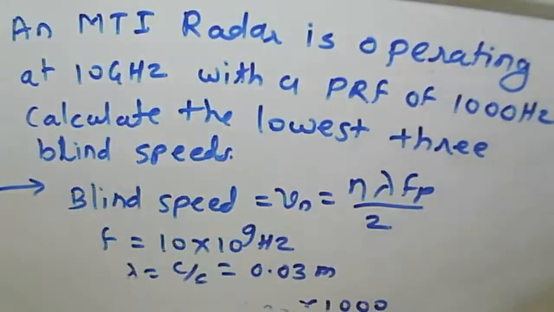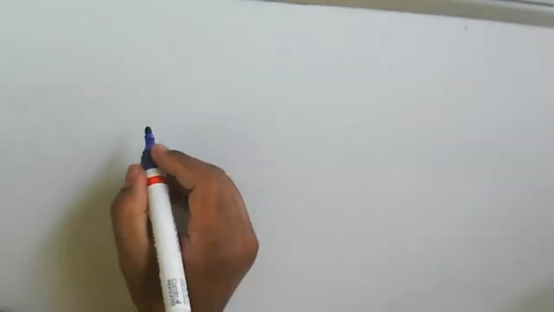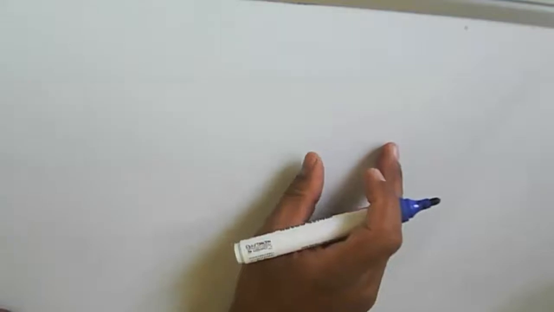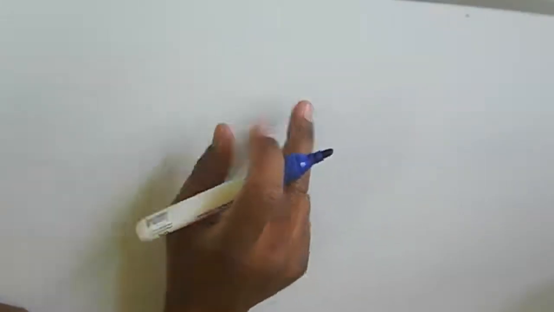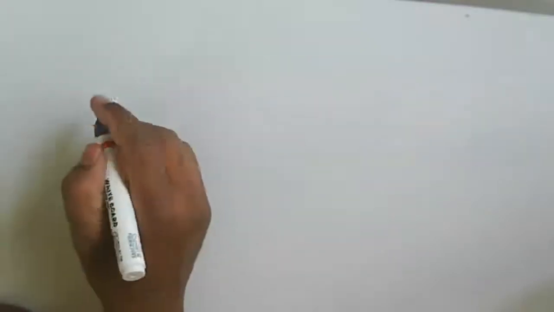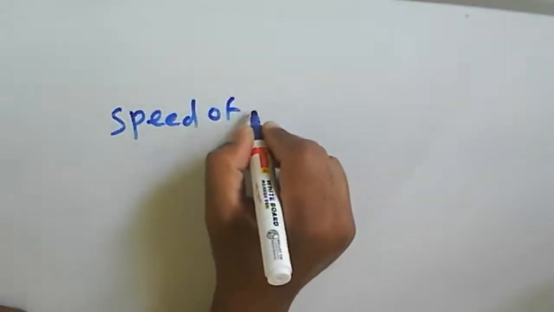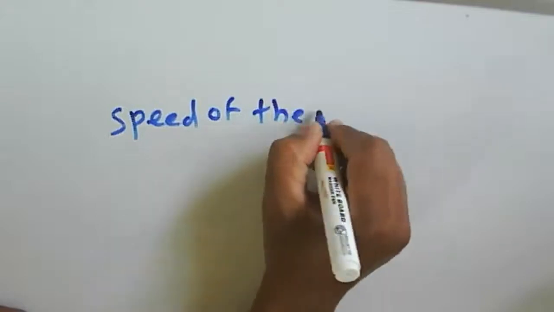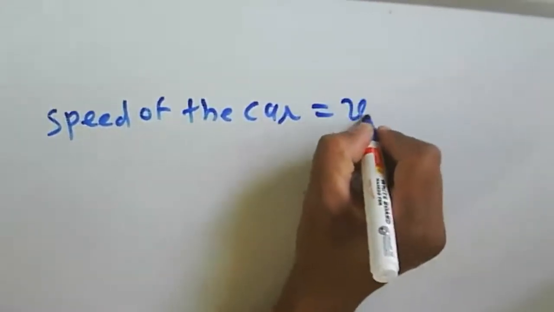Now we will consider that suppose a traffic control station wanted to measure the speed of the car. For the speed of the car, we are supposed to know the Doppler frequency shift.